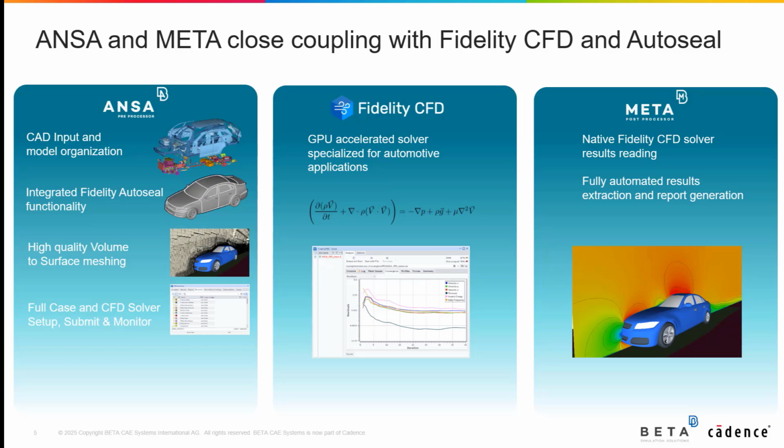The output case is then run in Fidelity CFD, providing high-quality results in a very short time. The results are of course post-processed by Meta, which can read its native results and create in batch mode all the post-processing actions and final report.